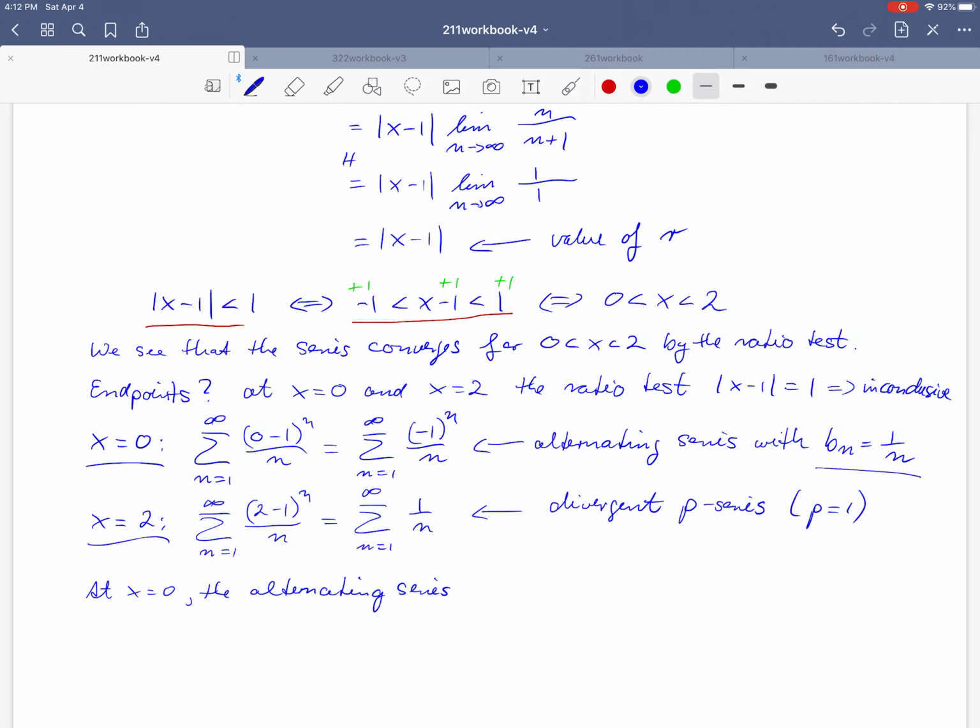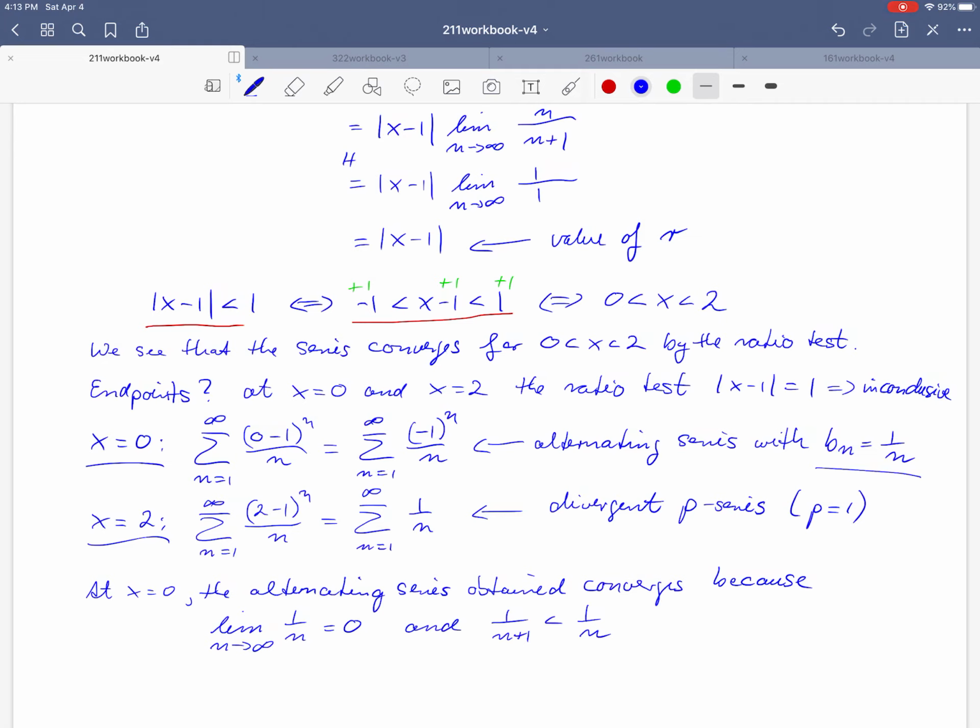So yes, at x equals 0, the alternating series obtained converges, because the limit as n goes to infinity of 1 over n is 0, and 1 over n plus 1 is less than 1 over n.